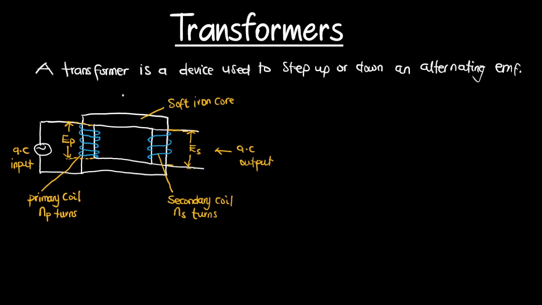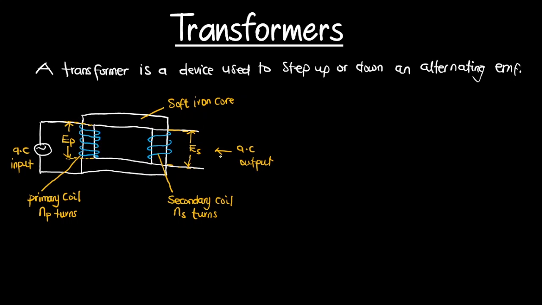So this is basically a general overview of what a transformer is. It has a primary coil and a secondary coil wrapped around a soft iron core, then it has an AC input and then the AC output. Now where the primary coil is, the EMF over there is what we call the EMF of the primary coil, which is represented by EP.